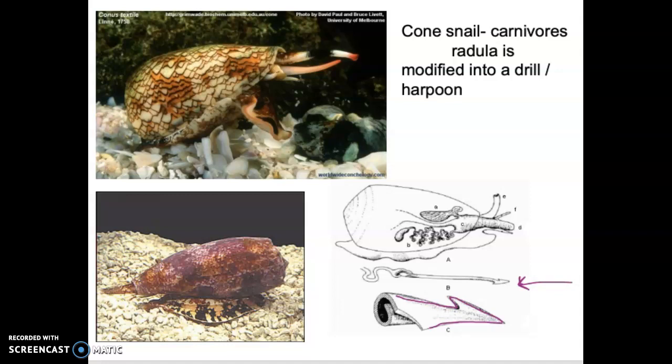And some of these gastropods have very powerful neurotoxins that they secrete. And when they stab you with their harpoon, the neurotoxin gets injected and it kills the prey. Well, this killed the soldier. So a man who survived the fighting, survived this horrible battle against the Japanese, gets killed by a cone snail.